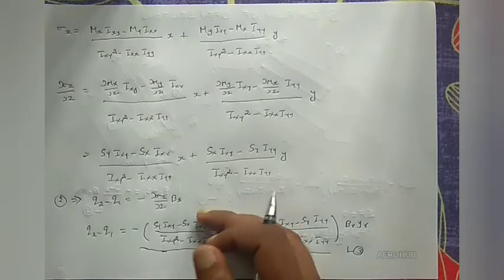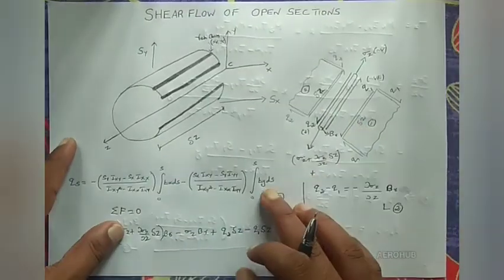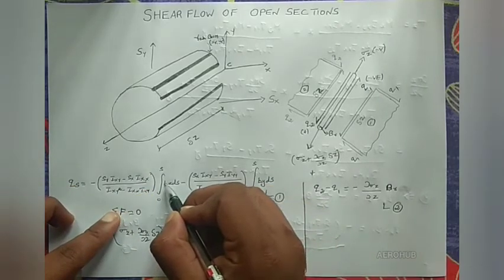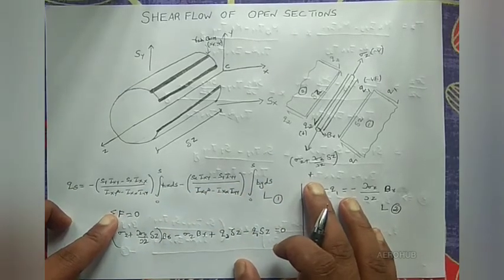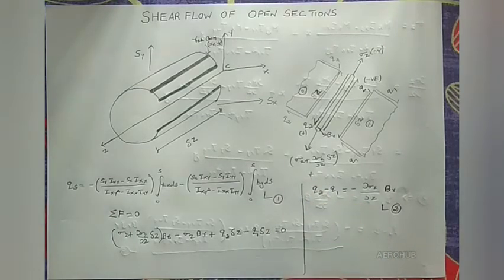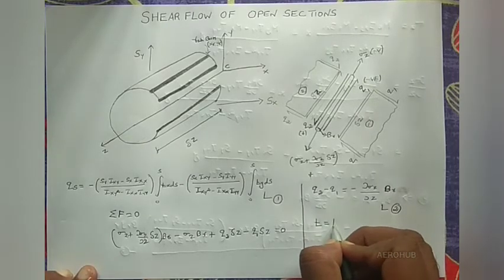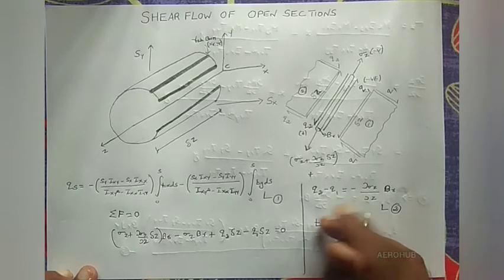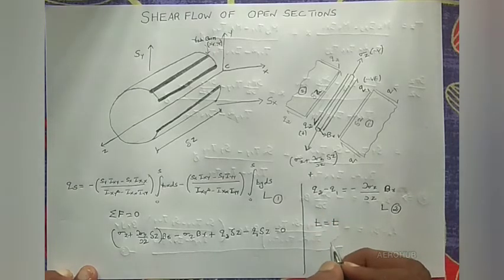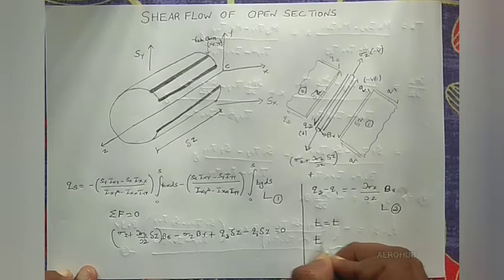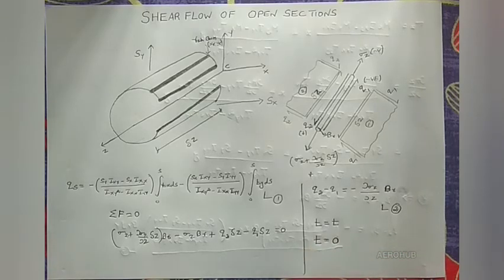Equation number 1 denotes that when the skin can carry the direct stress, the thickness is the same T. When the thickness is equal to 0, this indicates that we have a section which is idealized, and the skin cannot carry the bending stress or direct stress.